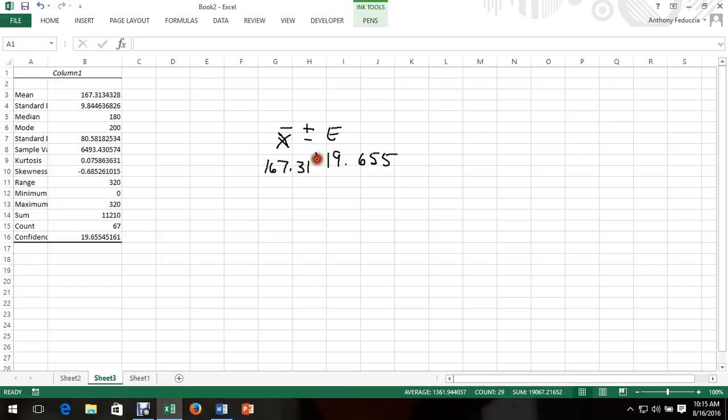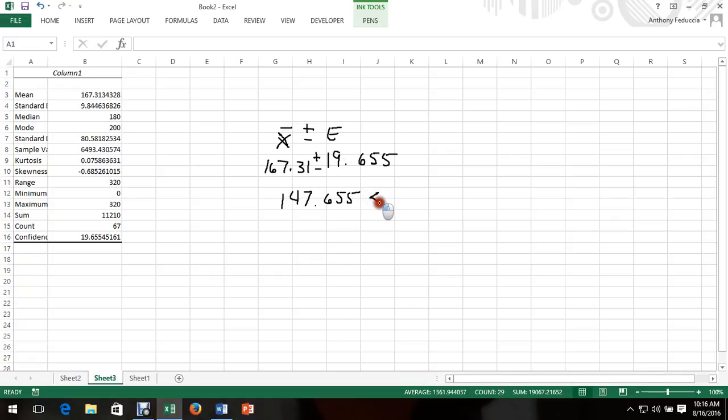And so our sample mean was, it's right up at the top there, 167.31 plus and minus. And so let's get our calculators out and let's see, 167.31 minus 19.655 gives me 147.655, that's the lower limit.